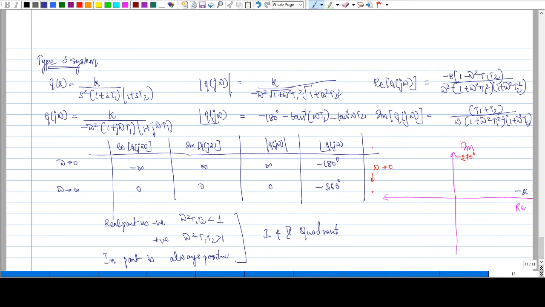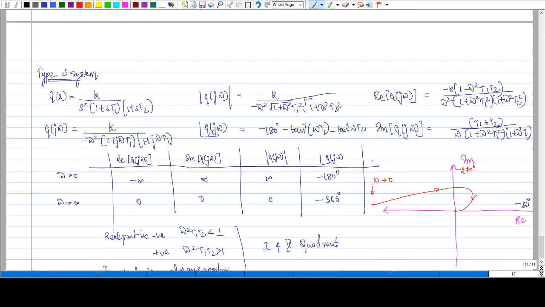Now I have plotted it. It will start from this point, but now it will cross the imaginary axis and converge at an angle of minus 360 degrees. It will converge towards the minus 360 degree line. This is what the polar plot will be.